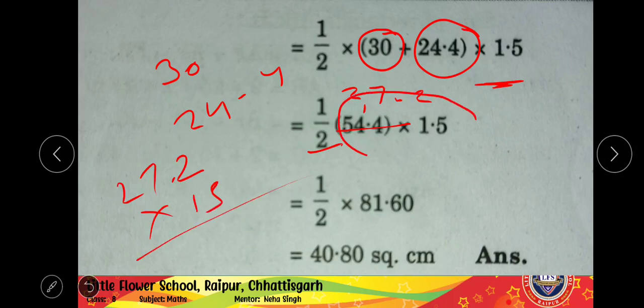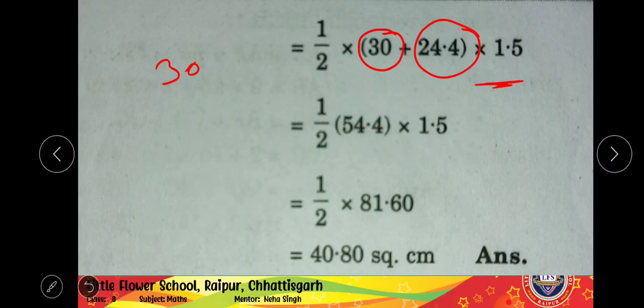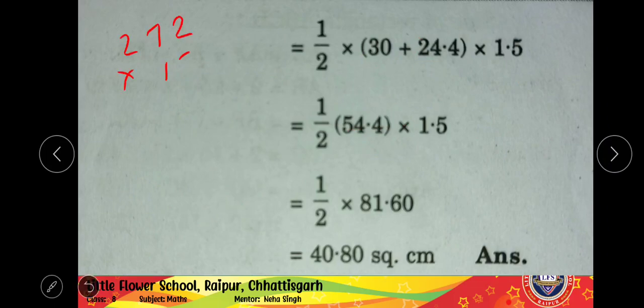So we can get the answer by 272 into 15, or we can multiply these two numbers first and then divide it by 2. So when we'll be multiplying 272 into 15, 5 2s are 10, 7 5s are 35 and 1 is 36, 6 and 3 carried, 5 2s are 10, 10 and 3 is 13, right?